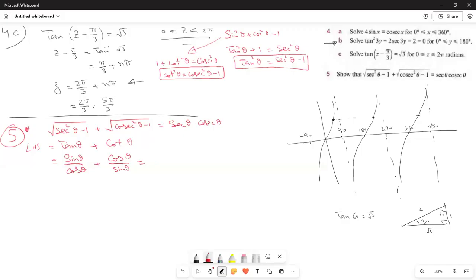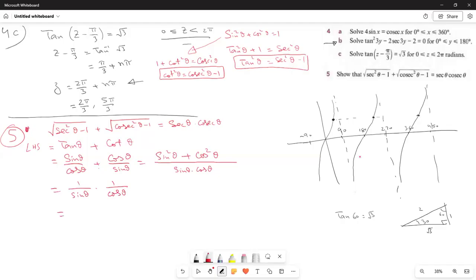And these can be added together as we add fractions. So this is sine theta into cos theta, and the first should have cos, so it becomes sine squared. And then the other should have only sine, so it becomes cos squared theta. And sine squared plus cos squared is 1. So this is 1 over sine theta into 1 over cosine theta.